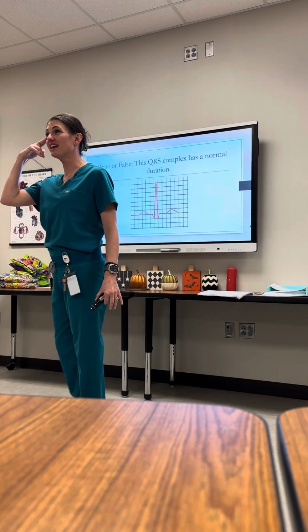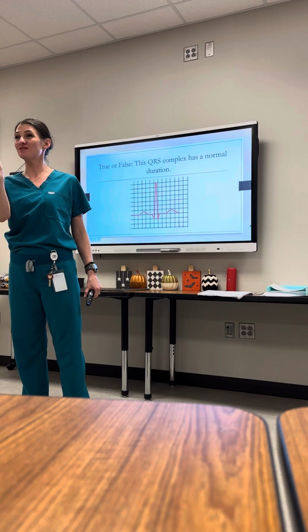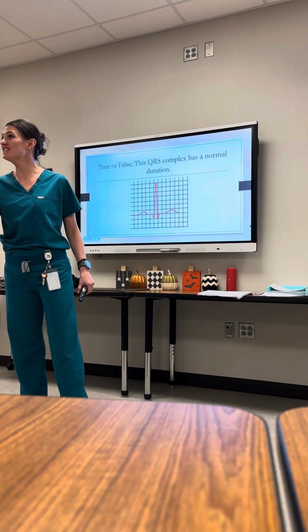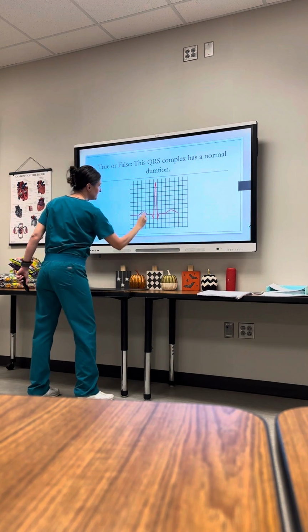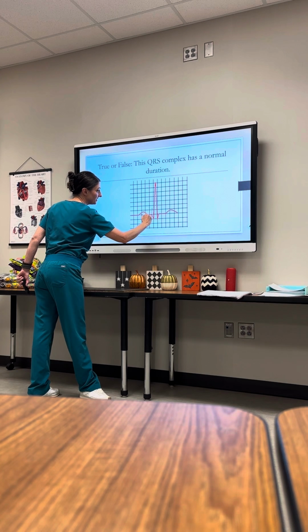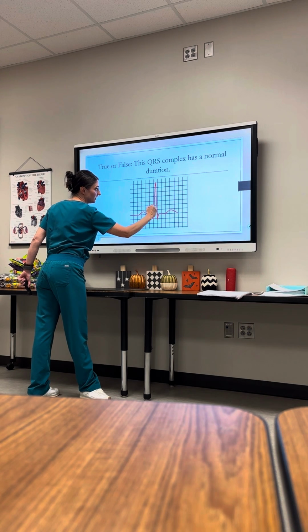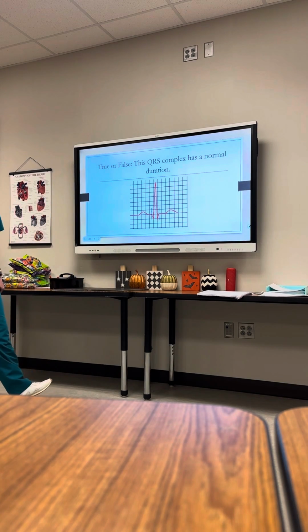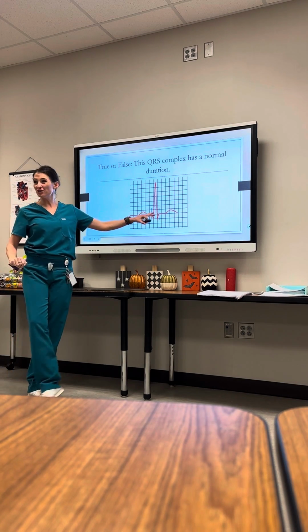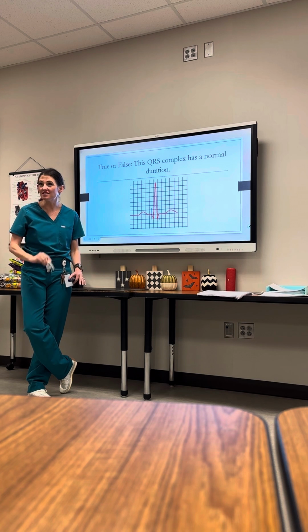Here's a little trick. Look at the tiny boxes, right? We said less than 3 tiny boxes. So if you're measuring, we start at the first deflection and finish as soon as it returns to the isoelectric line. That's about 2 small boxes, right?